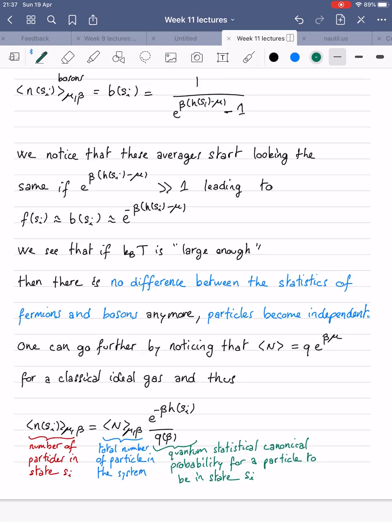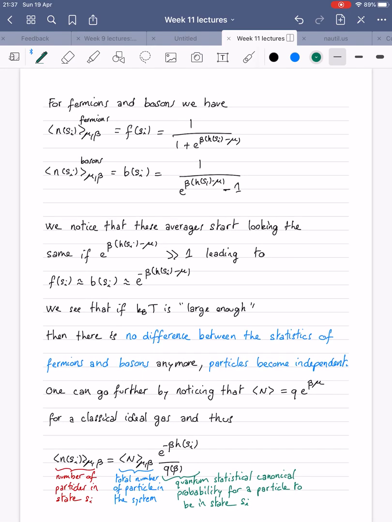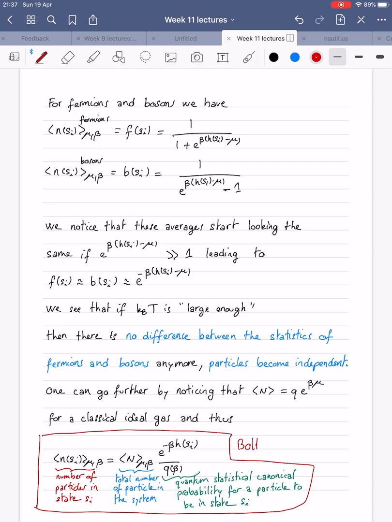Okay, so this object here, again, that's a very important formula. This thing is called the Boltzmann distribution.